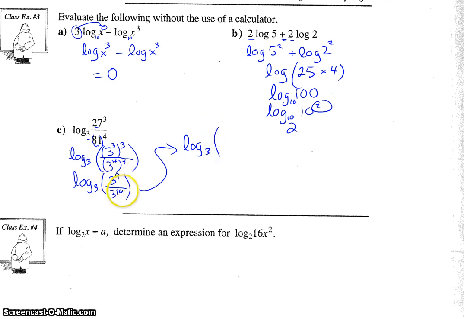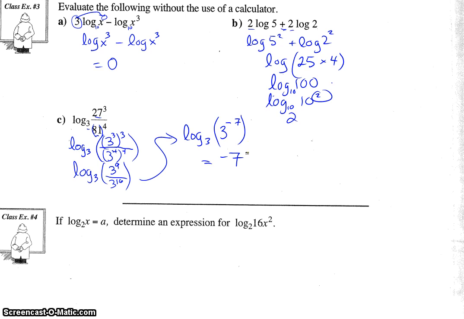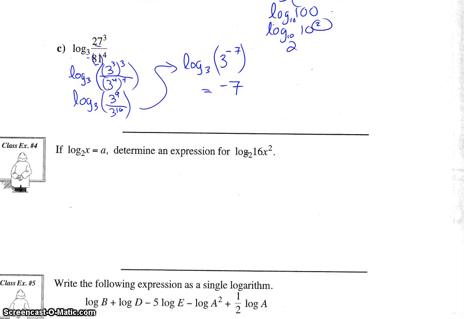So 3 to the 9 divided by 3 to the 16. When you're dividing two powers, you subtract the exponents. So that would be 9 minus 16, which is negative 7. And there we go. The base on our power and the base on our log are the same, so therefore the log is the exponent. Good job.